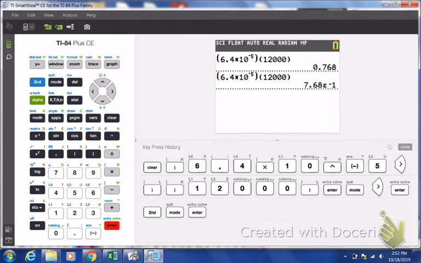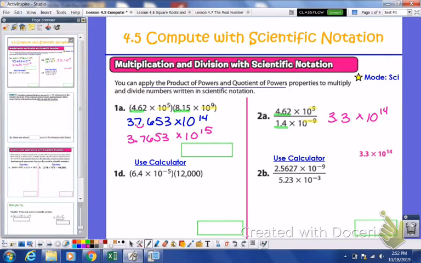So using the calculator, we got 7.68 times 10 to the negative 1. So if you just want to make a side note for your calculator, E means 10 times. That's our scientific notation on the calculator.